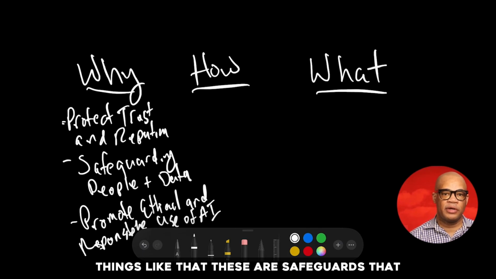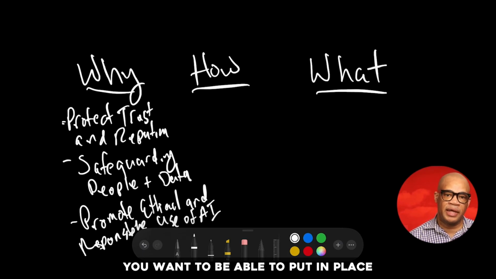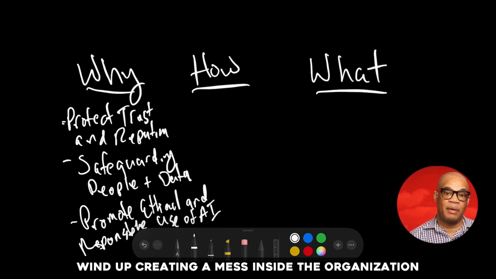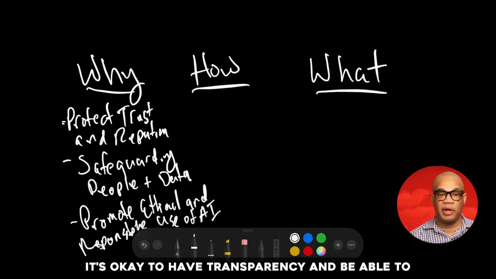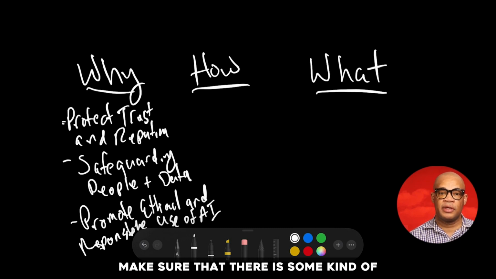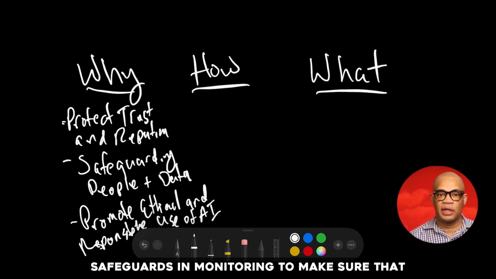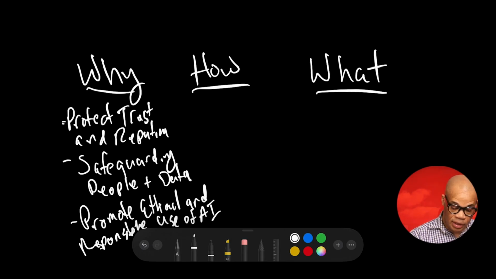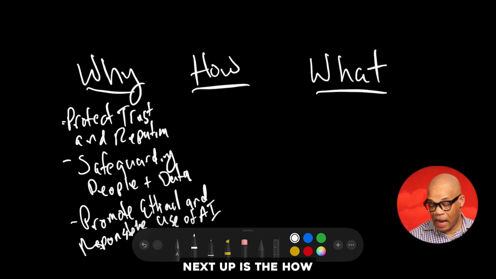These are safeguards that you want to be able to put in place so that you don't wind up creating a mess inside the organization. It's okay to have transparency and be able to access data sources across the organization, but you still have to make sure that there is some kind of safeguards and monitoring to make sure that the right information is being disclosed.